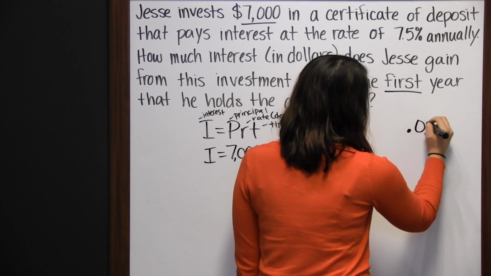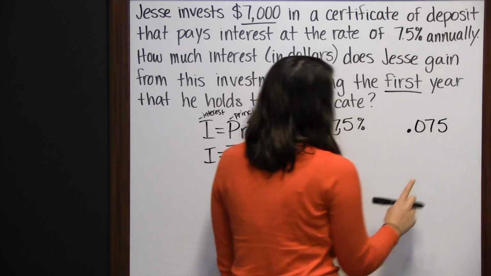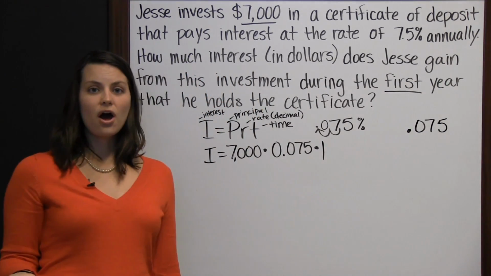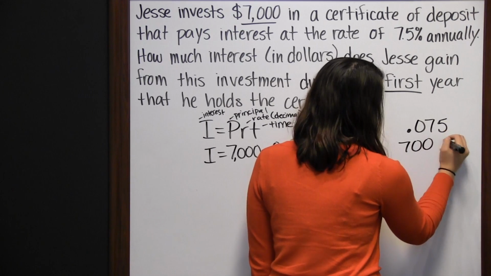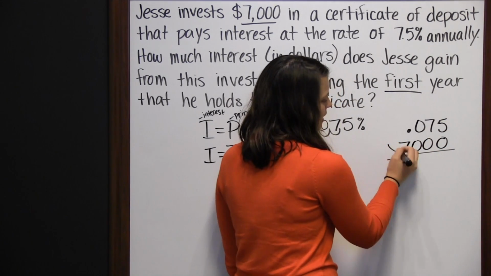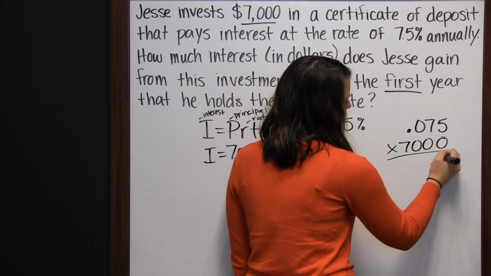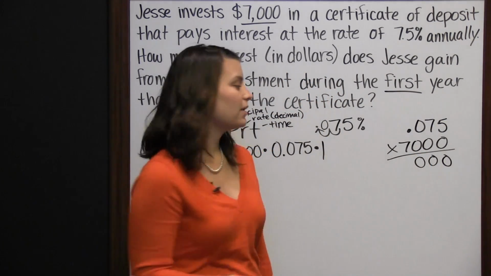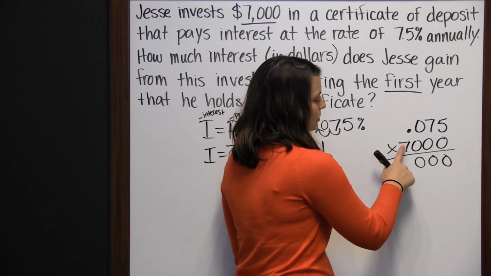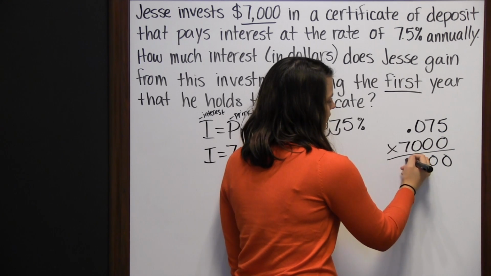So I have this 75 thousandths, and I'm going to put it on top because it's very easy to multiply times 7,000, since the first thing I'm going to do is just write down those 3 zeros. And then the only number I really have to multiply by is the 7. So 7 times 5 is 35.